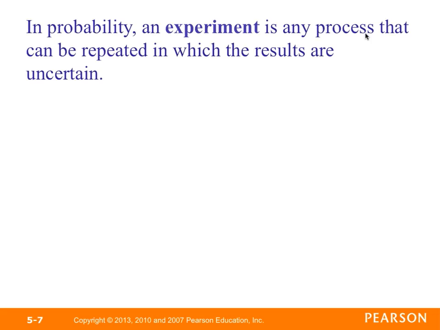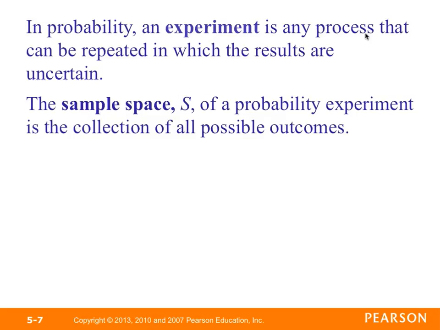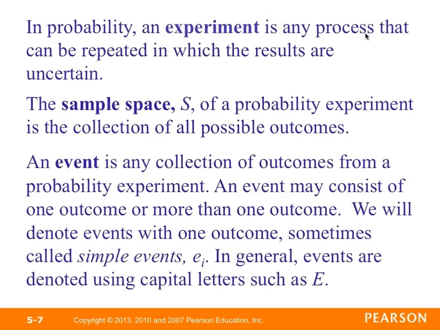Now, in probability, an experiment is just any process that can be repeated in which the results are not certain. The sample space, S, of a probability experiment is just a collection of all of the possible outcomes. So it's just a list of everything that could possibly happen. And then an event is any collection of outcomes from a probability experiment.